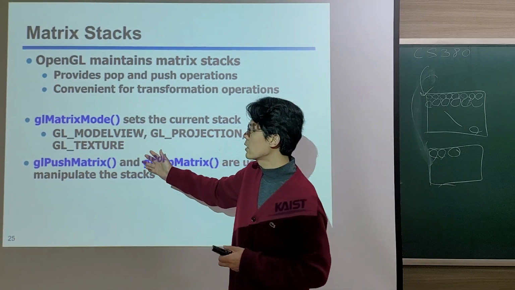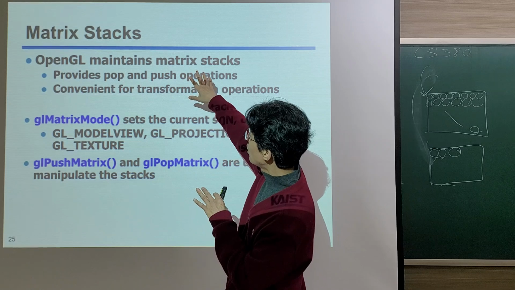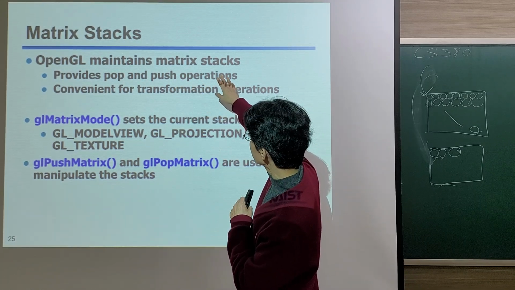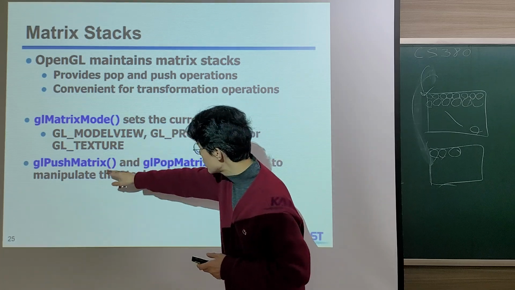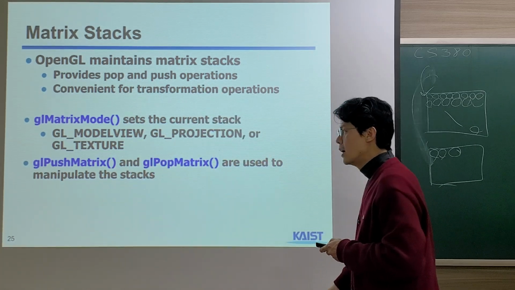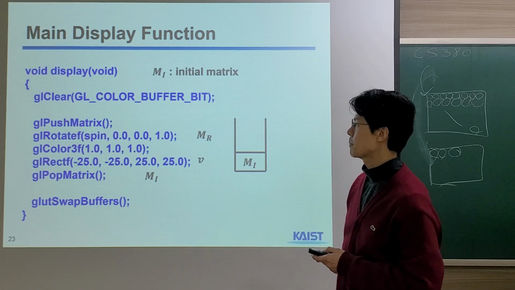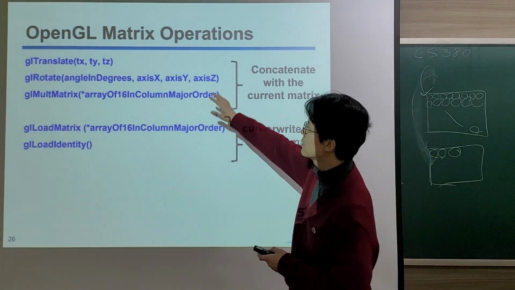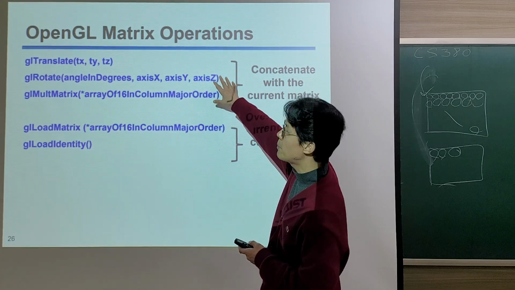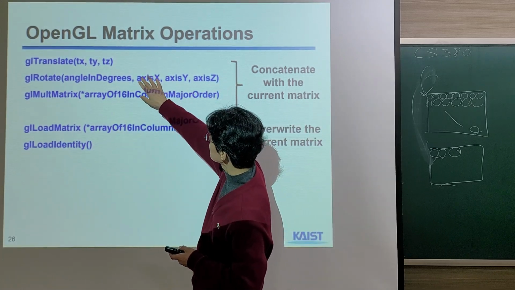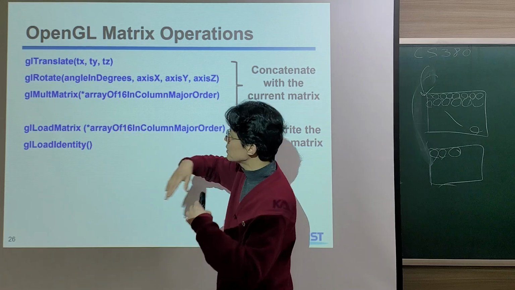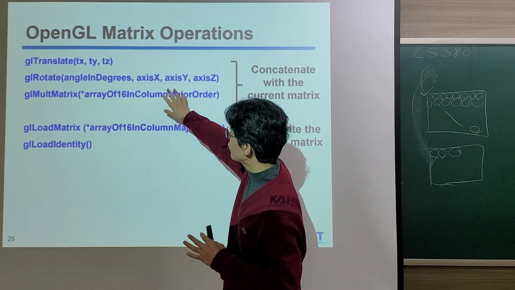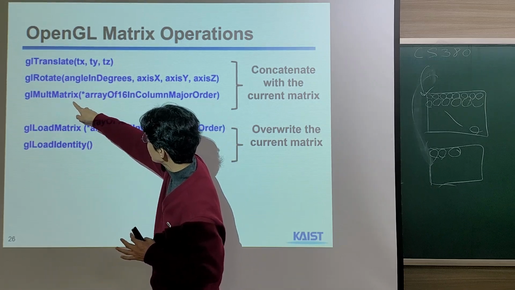Also, we can update this matrix stack by calling glPushMatrix and glPopMatrix, as I mentioned here. We can also create matrix operations by calling glTranslate, glRotate, and so on. You can also directly provide a matrix by using glMultMatrix.